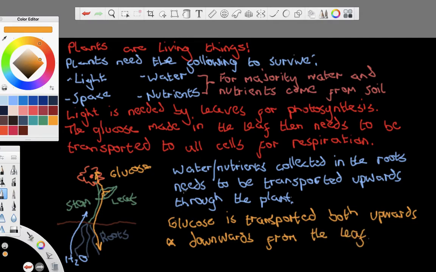So when the glucose is produced in the leaf, the glucose needs to be transported through the stem upwards and from the leaf downwards through the stem.